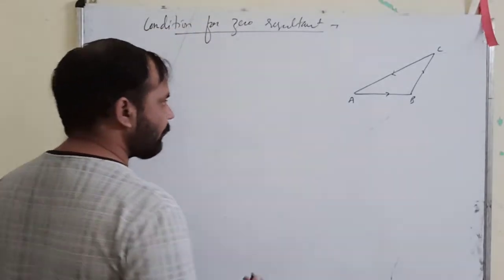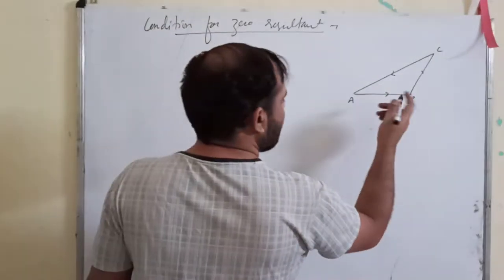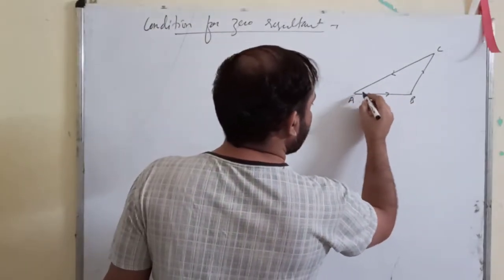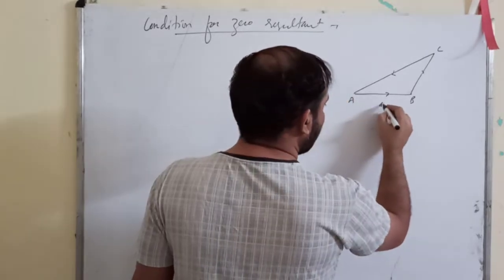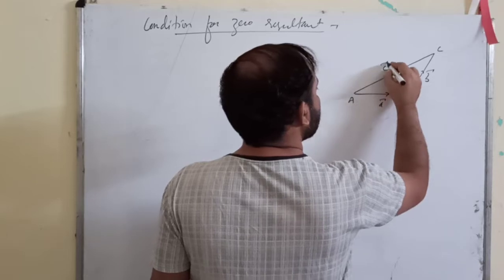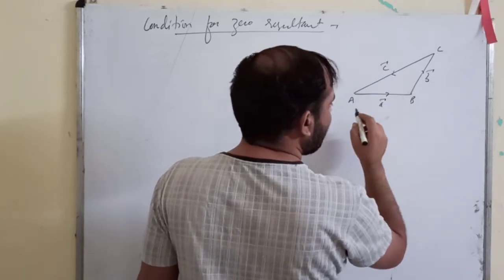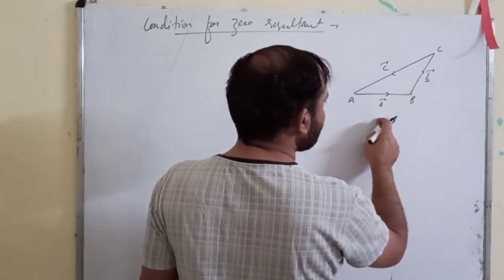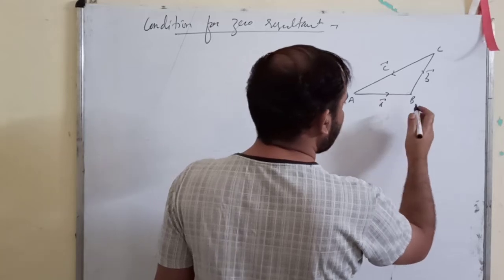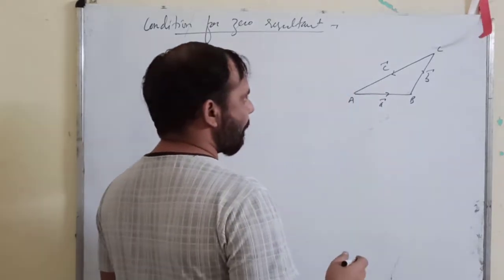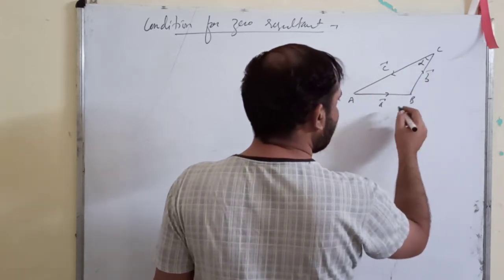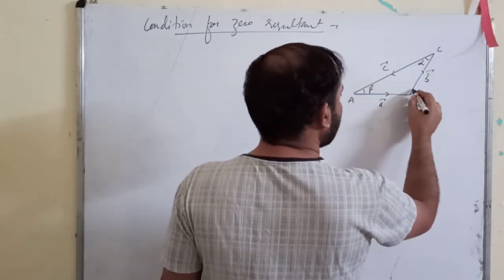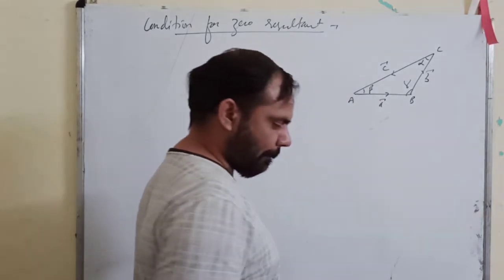Now what is that? Suppose this is A vector, this is B vector, this is C vector, and let us suppose that this angle is alpha, this angle is beta, and this angle is gamma.